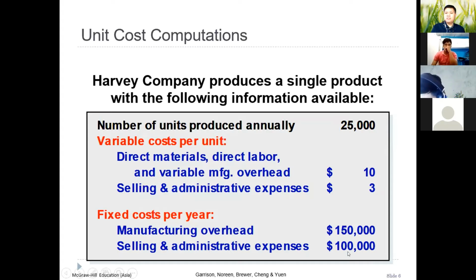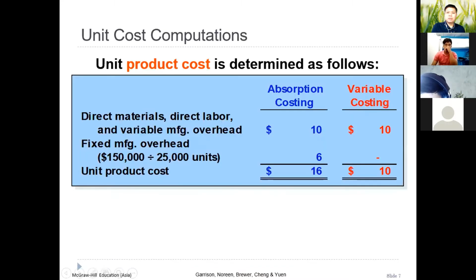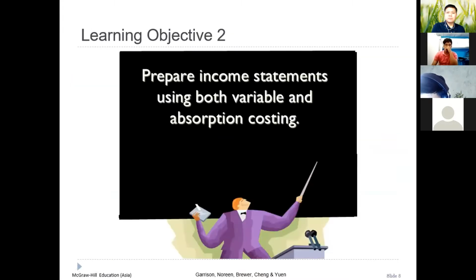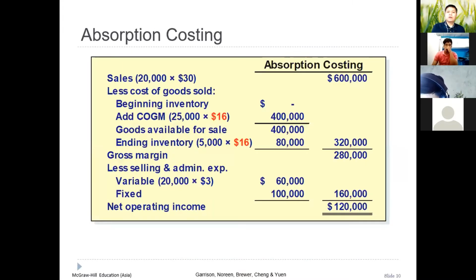And then the fixed is 100,000. Let's move forward. Okay, so 20,000 times 3, that's 60,000. Why 20,000? Because 20,000 units were sold. 3 is given. The fixed selling and administrative expense of 100,000 is also given.